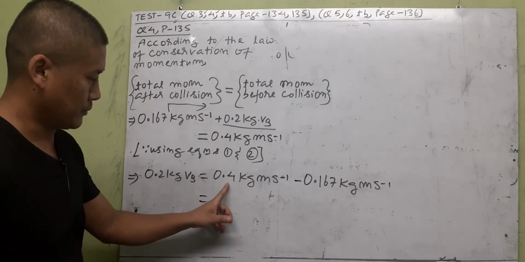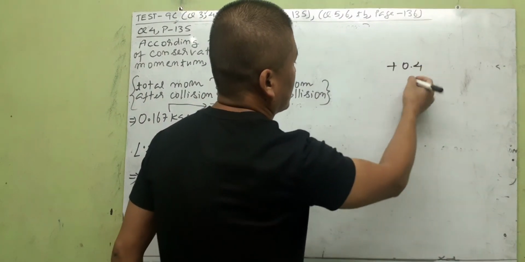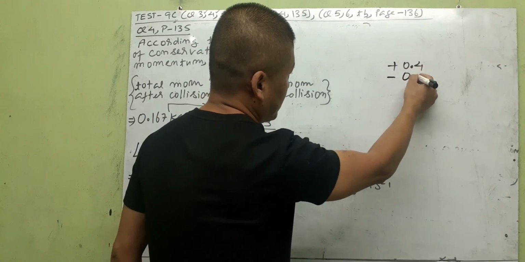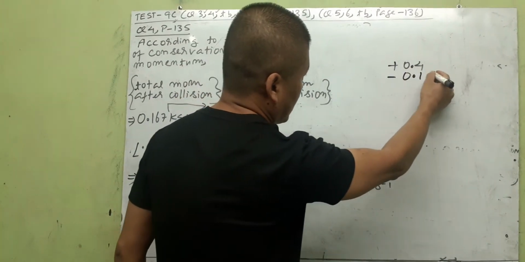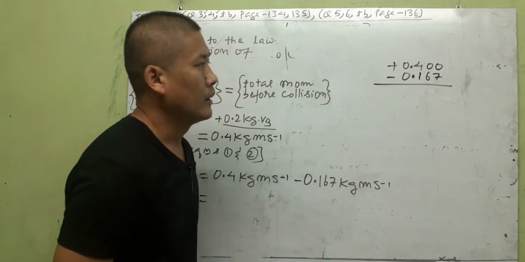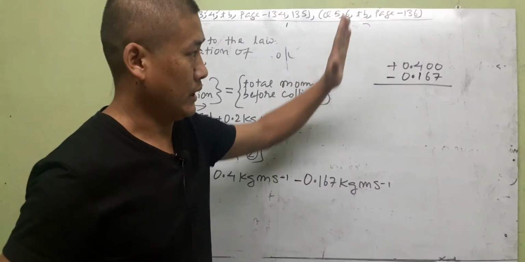So it's a matter of subtracting 0.4 in this one. While subtracting, we have to make sure the decimal is on the same line, so 0.167, and wherever there is no number, you put zeros. Always put the bigger one up, so 0.4 is bigger than 0.1, that's why we put it up.